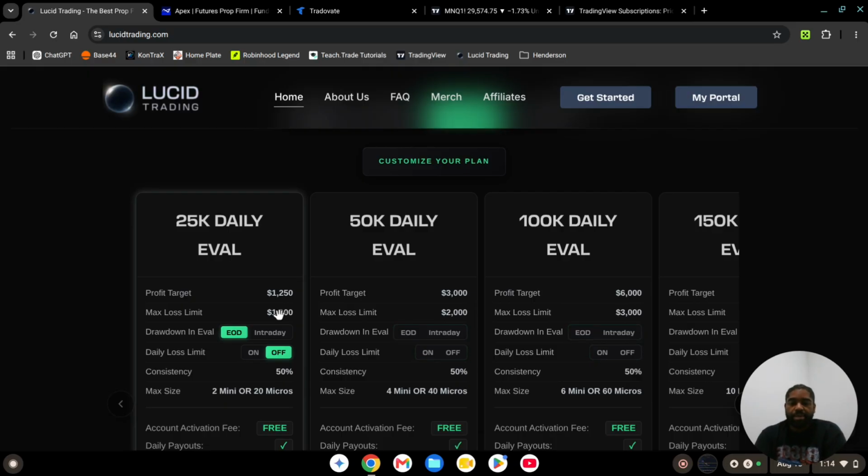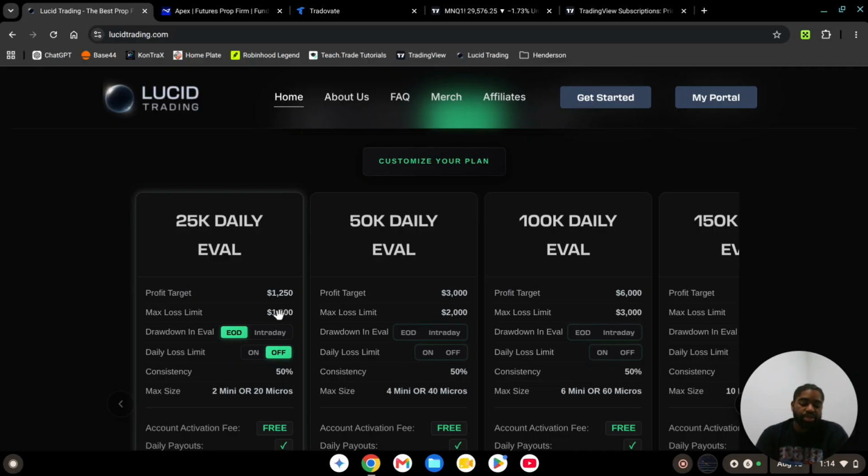If, say, for example, you're on an end of day drawdown, and you make a $500 profit on the trade, now you go from 25 to 25.5 again, but your drawdown is still going to be set at 24,000 because it is only going to recalculate at the end of day. So say later on in the day, you lose that money.